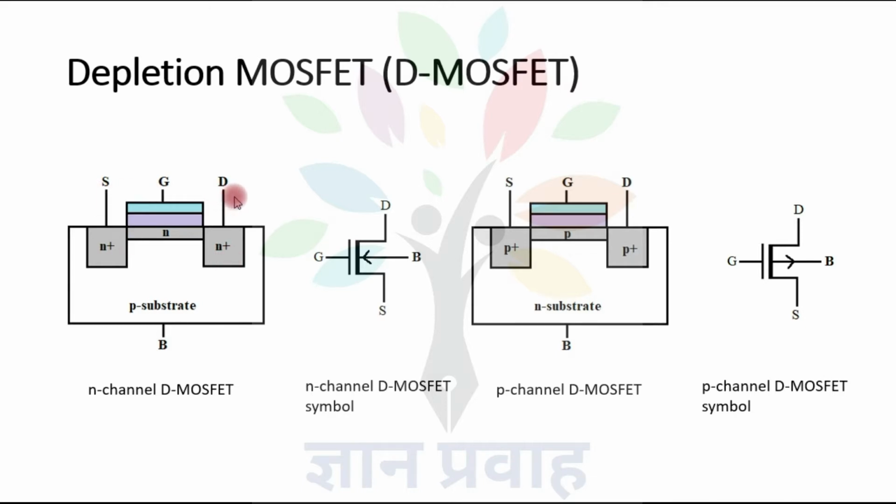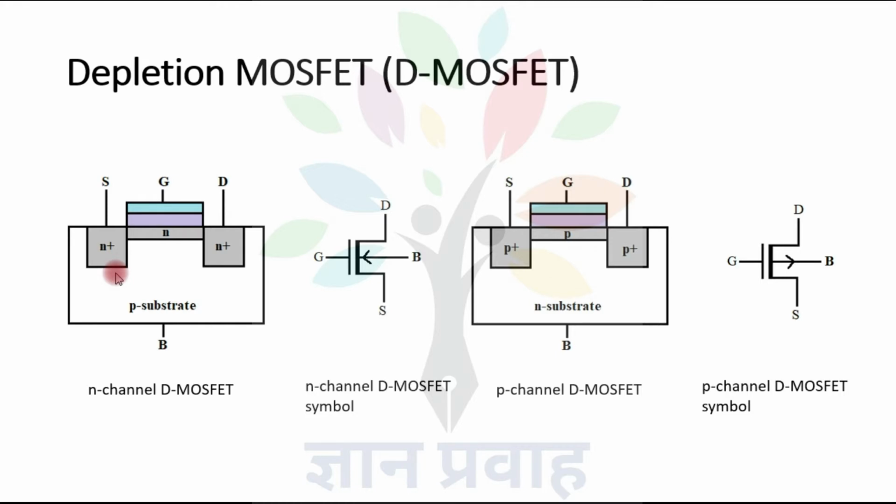Source and drain terminals are connected with the N plus regions or highly doped N-type materials. One metal is there where the gate is connected, then the SiO2 layer. The configuration is metal, oxide, and this one is semiconductor. So that is the physical meaning of MOSFET.